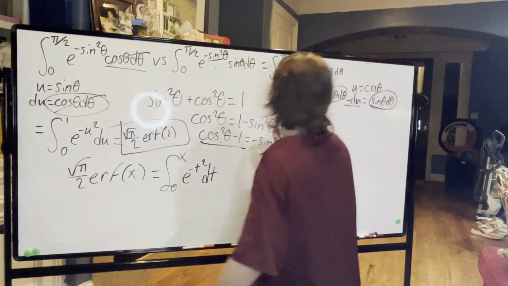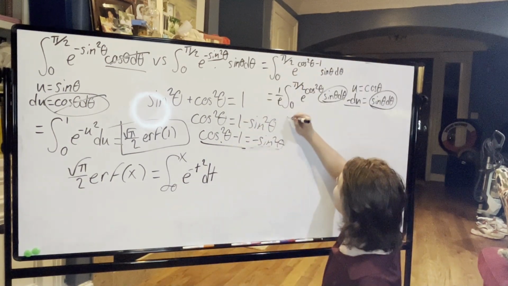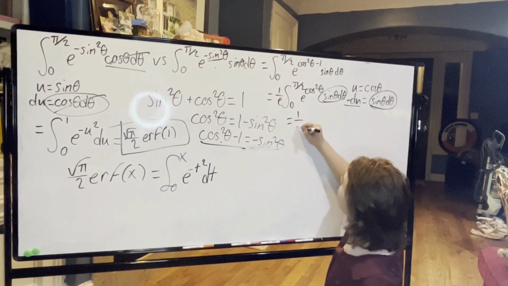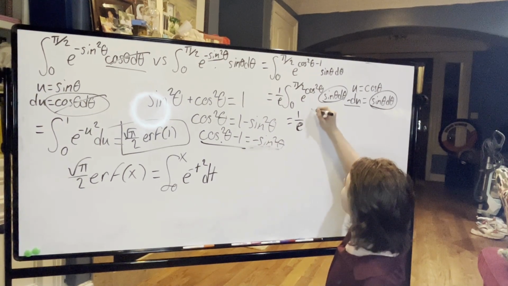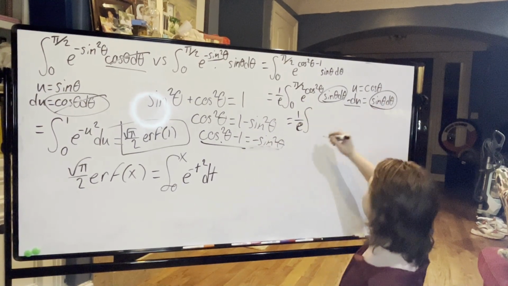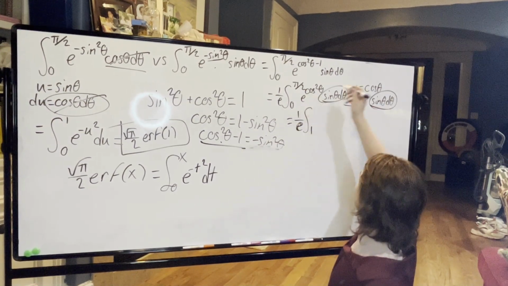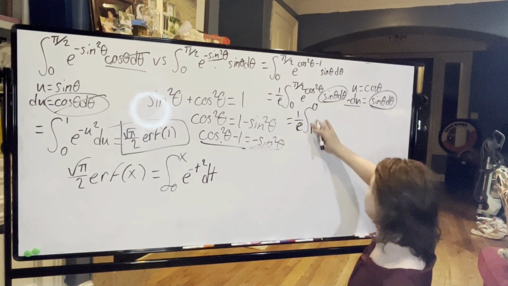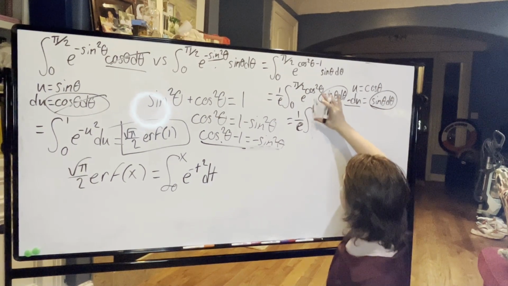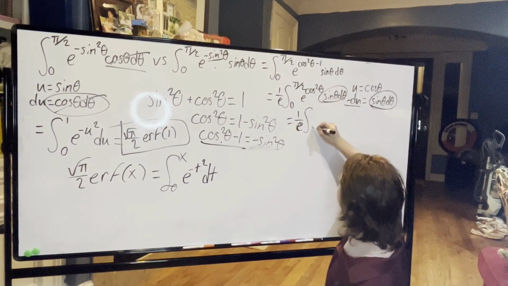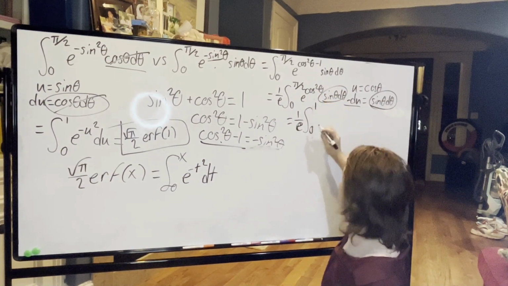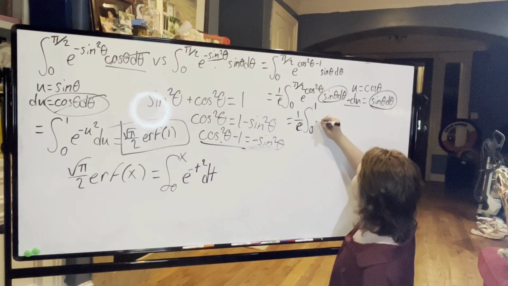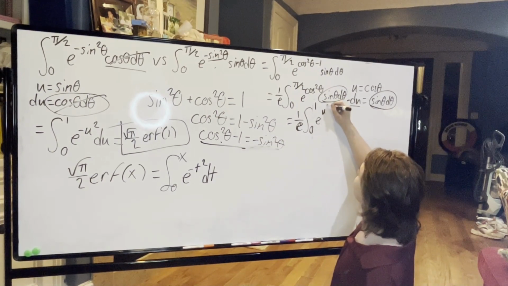And so now, we just have to analyze our new limits. It's going to equal 1 over e times the integral from 0, cosine 0 is 1, cosine pi over 2 is 0, minus sine, swap the limits, you get from 0 to 1, e to the u squared du.